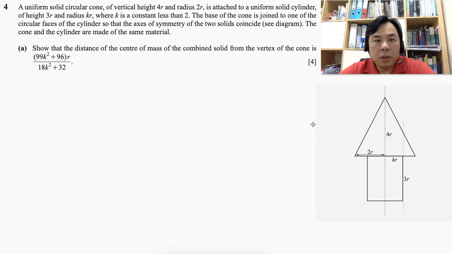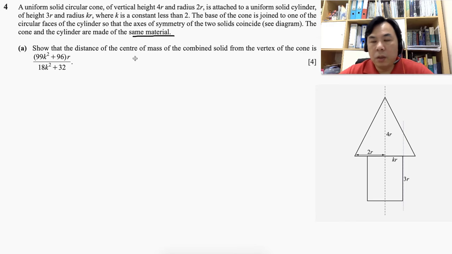Now the cone and the cylinder are made of the same material. Same material meaning that they should have the same mass density. Now from here, we need to make a few remarks first before we start to work this out. First of all, since both rigid bodies are made up of the same material, they should have the same density. Next, the mass.